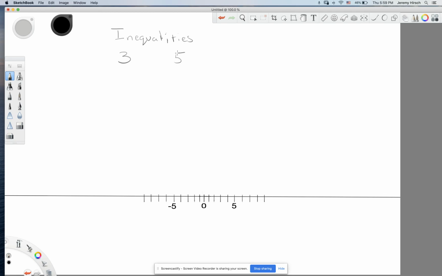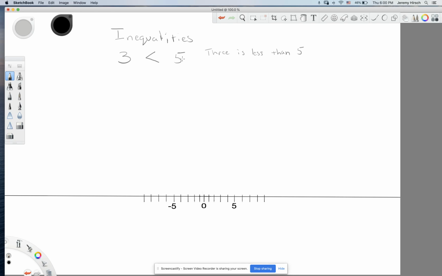If I were to ask you which of these is greater, you would say 5 is greater than 3. You could also say 3 is less than 5. So there is a way mathematically to draw that, as I'm guessing you know, and it is with this symbol right here. So that symbol means 3 is less than 5.